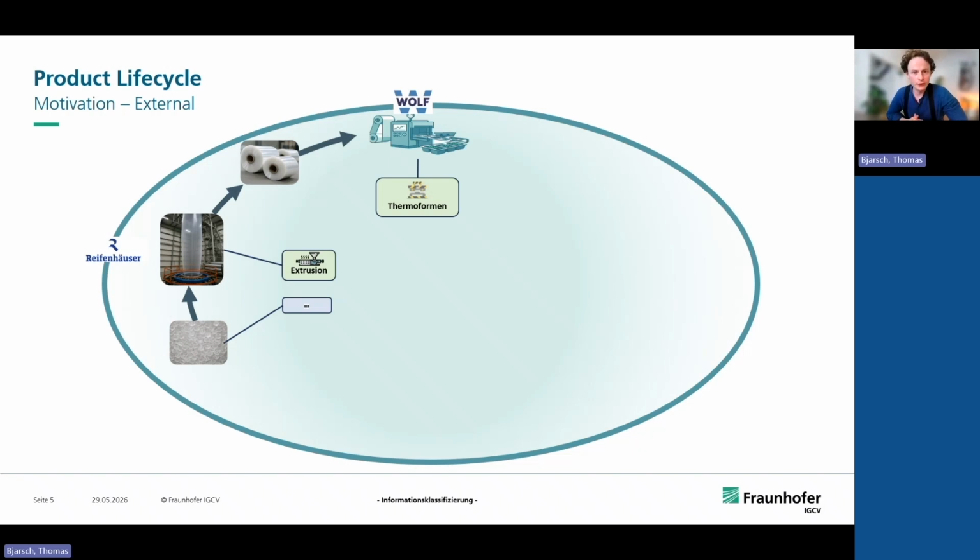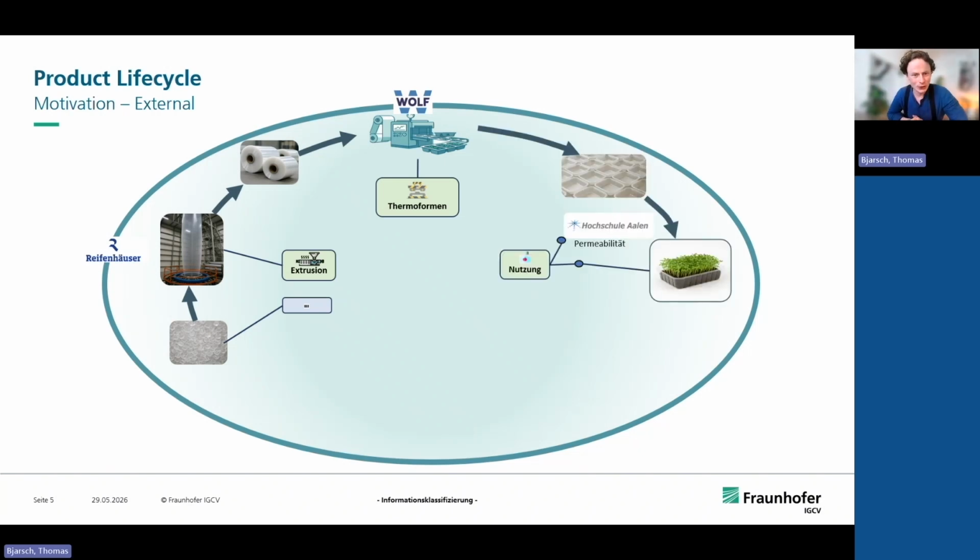Then those foils go to Wolf. Wolf is an SME, and they do the thermoforming. Out of this, we have lots of cress trays, because that's our demonstrator in the project.